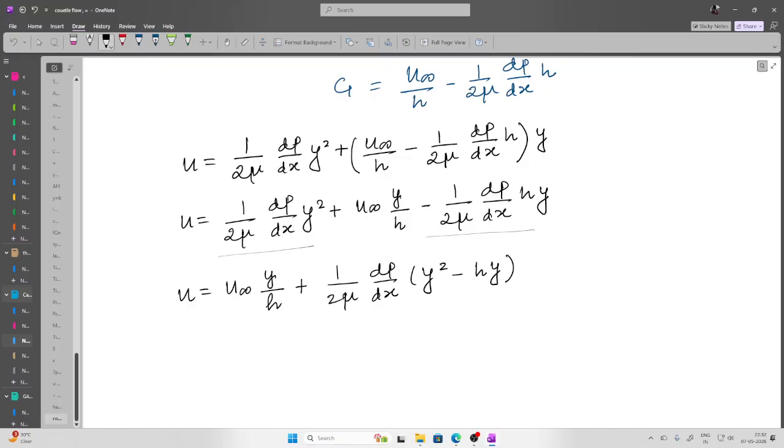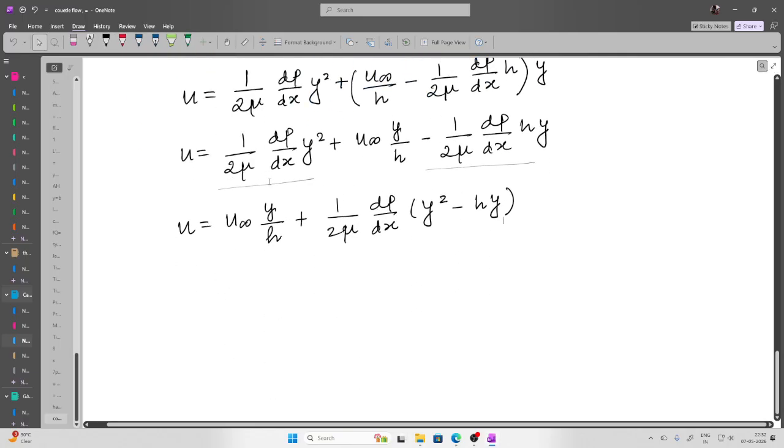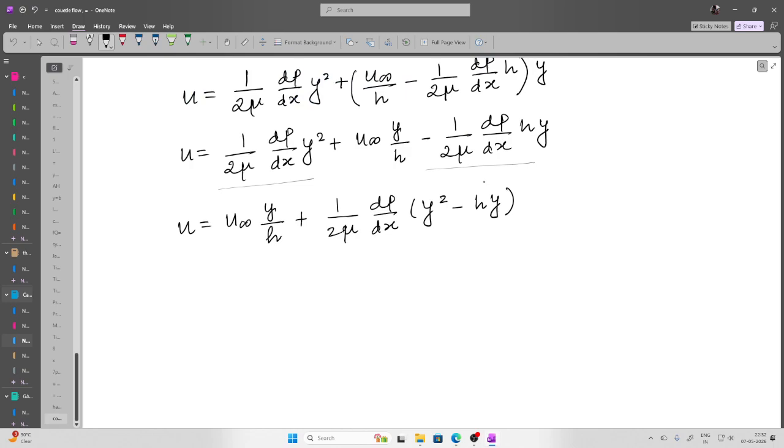We should not have removed this h square, but it doesn't matter. We will write this h as h square by h, and now we'll take this h square outside. So this will become u infinity y by h plus 1 by 2 mu dp by dx, and we have taken this h square outside.